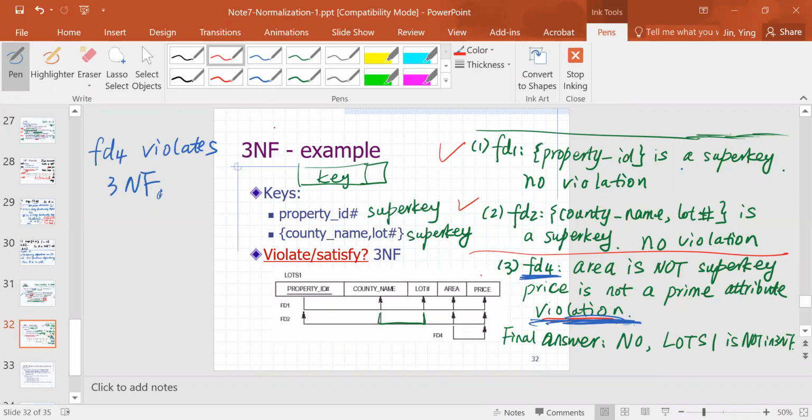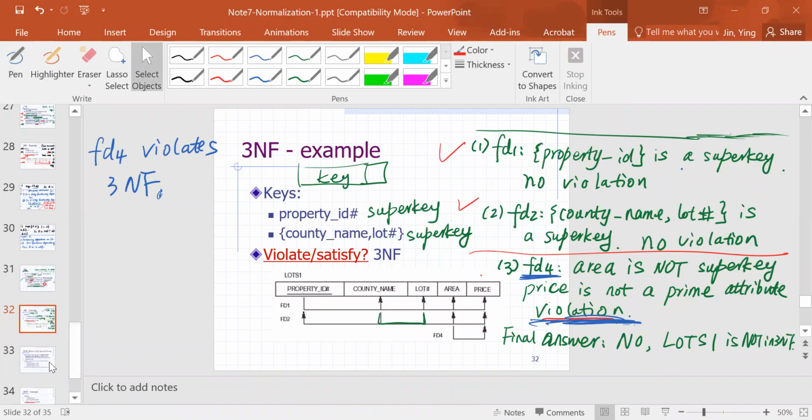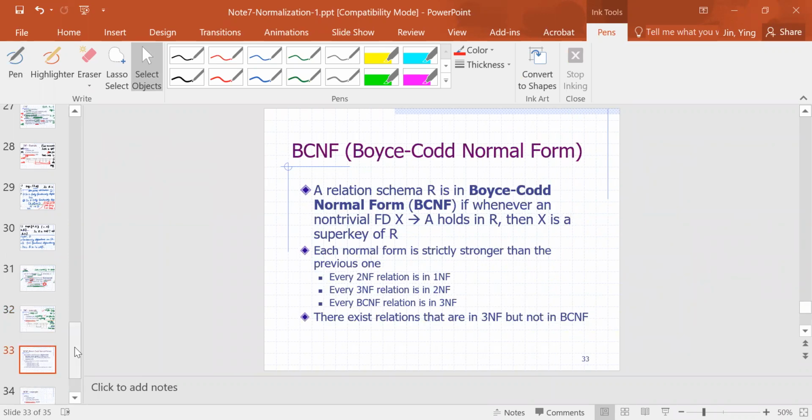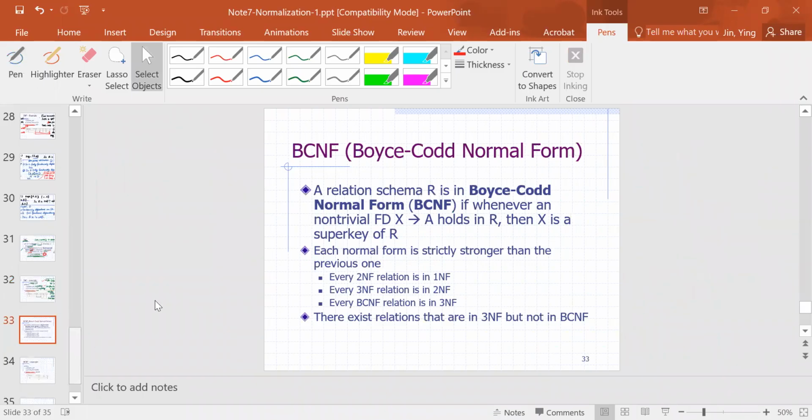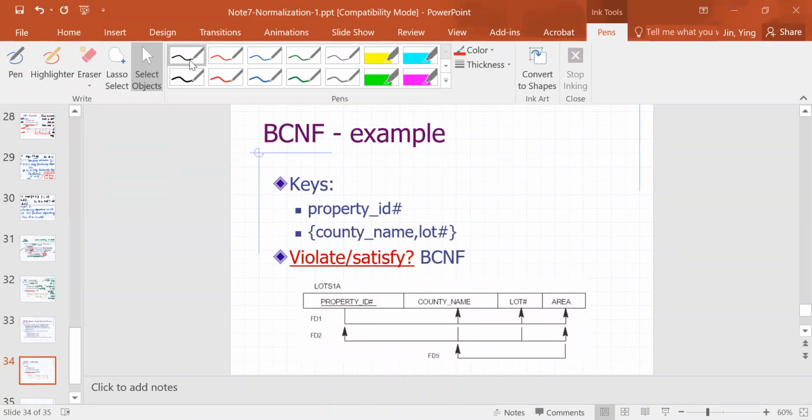Okay, so that's third normal form. Now I'm going to give you an in-class exercise, so you'll be able to know whether you understand everything about third normal form before we move on. We are going to use this slide, but I'm going to modify it. So not BCNF, okay?